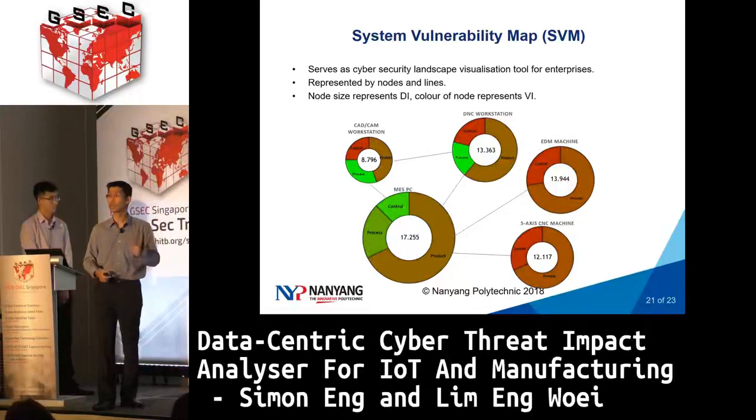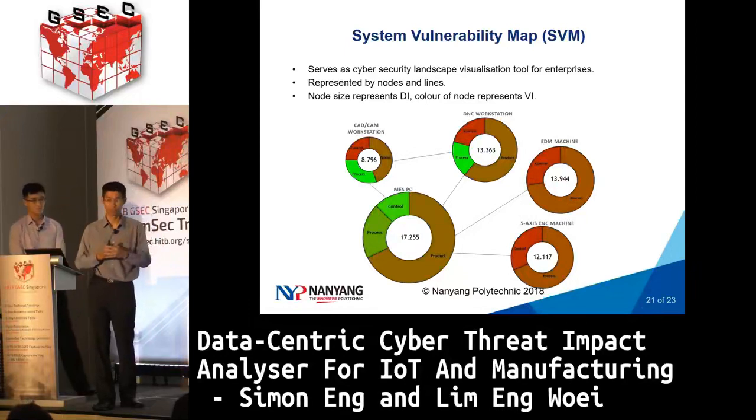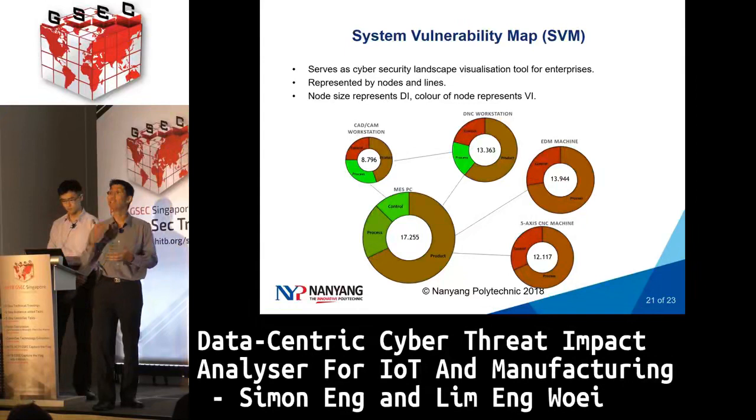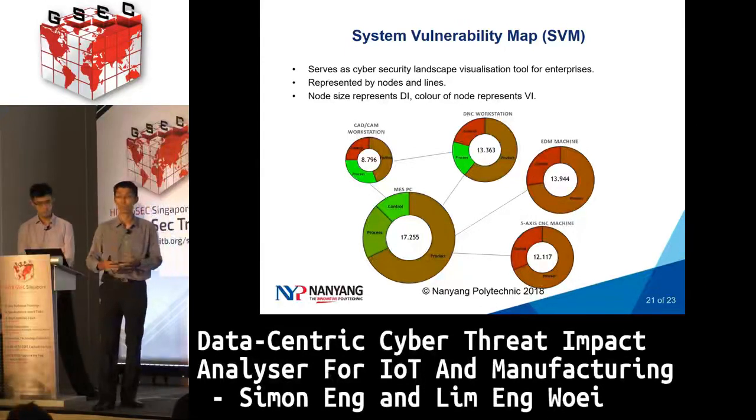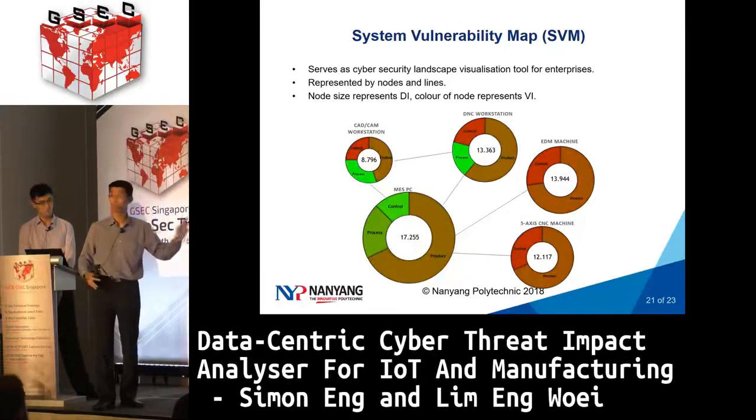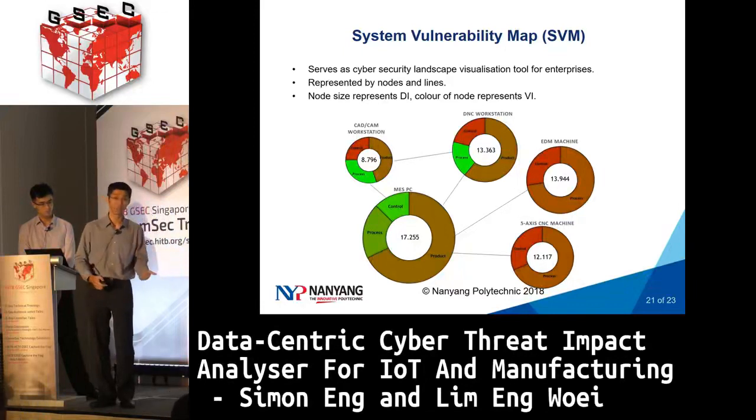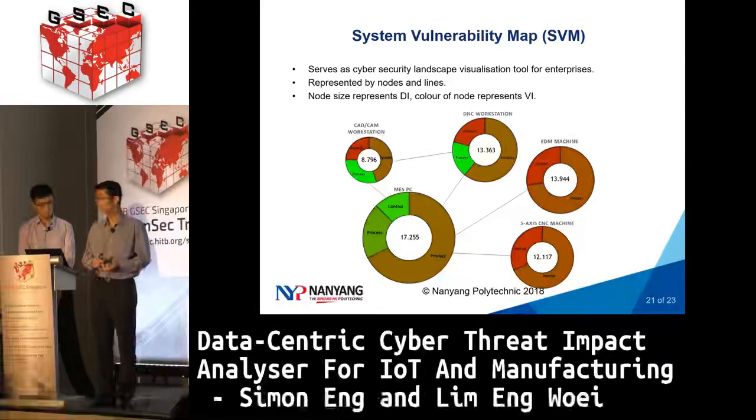With a quick look, the manufacturing IT folks or the CEO can know where to get started if I need to pay some money to patch certain things. Where is the vulnerability that is most important to you? Is it integrity, confidentiality, or availability? Now you know what to patch first.